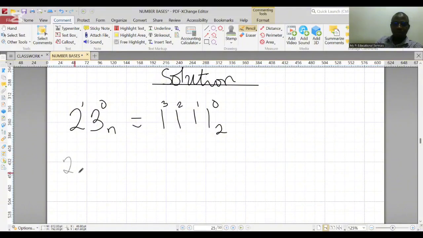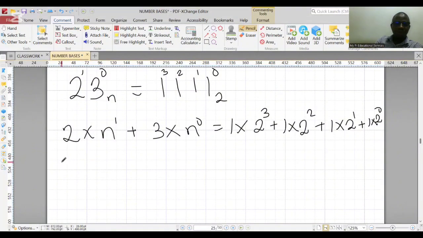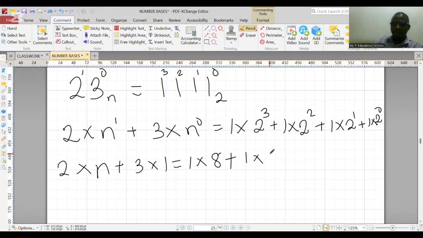So of course we have 2 multiplied by n raised to the power of 1 plus 3 multiplied by n raised to the power of 0 equals 1 multiplied by 2 raised to the power of 3 plus 1 multiplied by 2 raised to the power of 2 plus 1 multiplied by 2 raised to the power of 1 plus 1 multiplied by 2 raised to the power of 0.